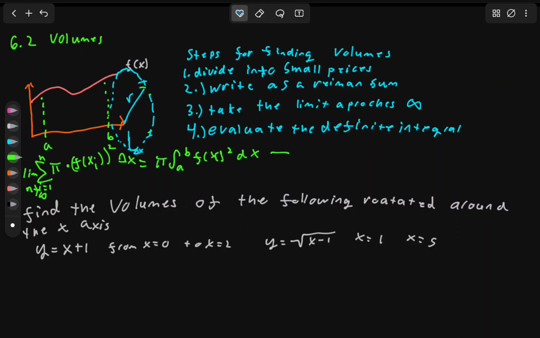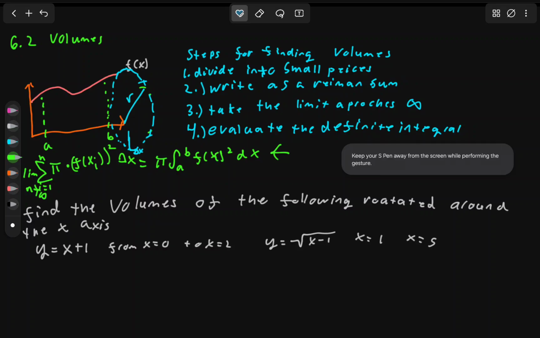And this value is going to be the volume of the function rotated around the x-axis. However, what's important is that you really need to keep in mind this r, and we're going to do some problems where this r might change later on.